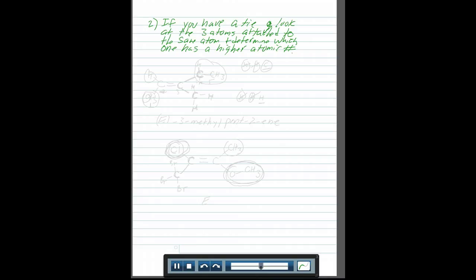So what happens if you have a tie? Let's see what happens. You always have to look at the 3 atoms that it's attached to.